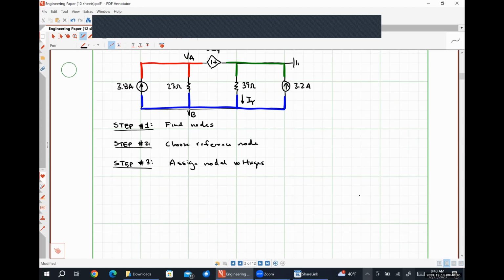All right, so step 4. Express controlling variables in terms of our nodal voltages.